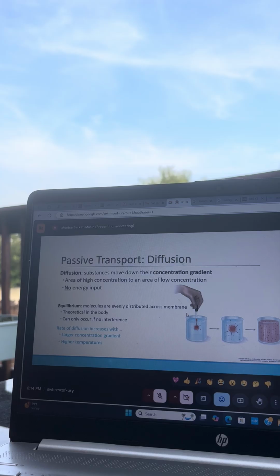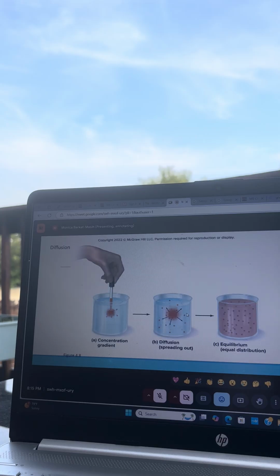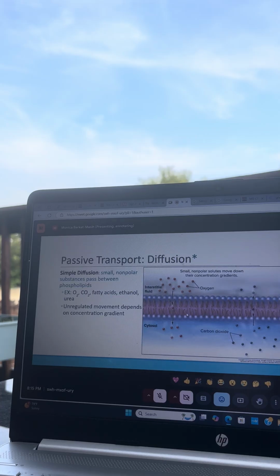Okay. And in the body, do you remember any example happening in the body? The exchange of oxygen and carbon dioxide in the lungs is by this process of simple diffusion.